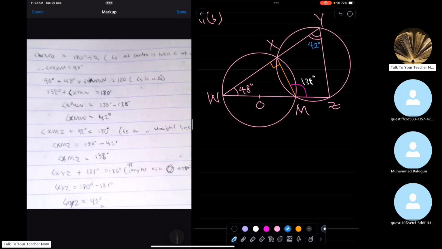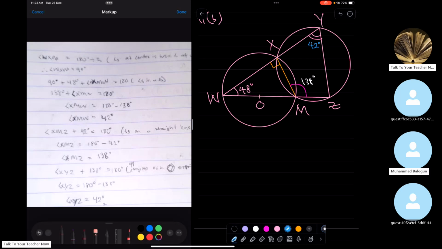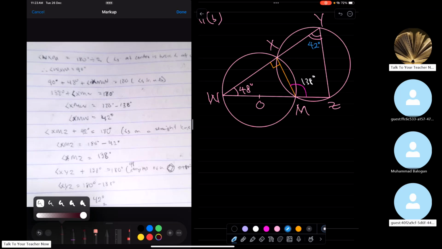XMZ equals 138 degrees. XMZ plus 138 equals 180. Okay, you named it XYZ. I'll still give it to you. It's the same. Please always name it the way it is in the question. You understand, Mohammed? Always name your angles how they are named in the question.